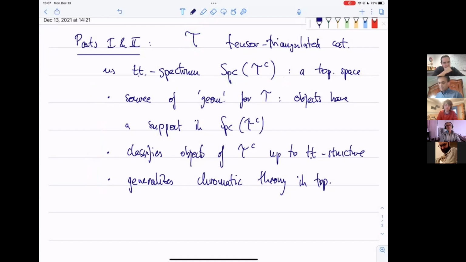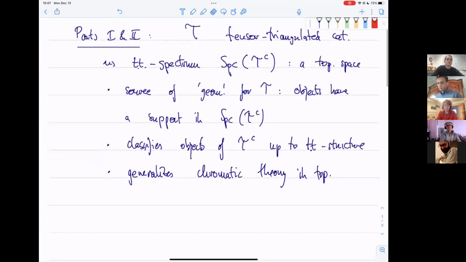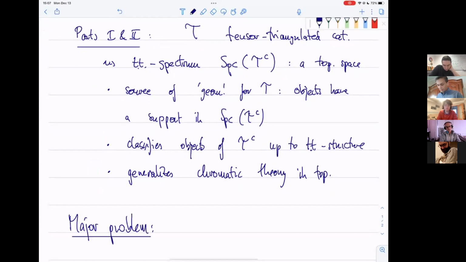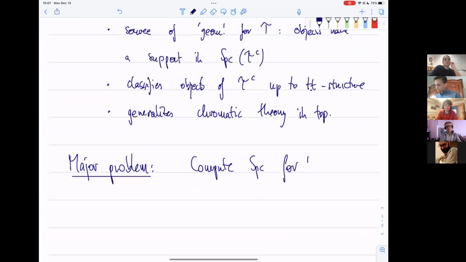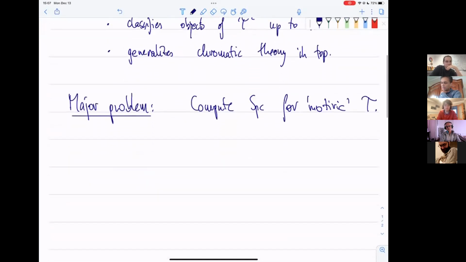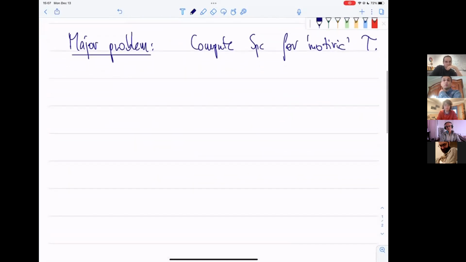And it is a major open problem in this field of tensor triangular geometry. It's a major problem to compute Spec for so-called Motivic tensor-triangulated categories T. Okay, so let me explain a little bit what I mean by Motivic.